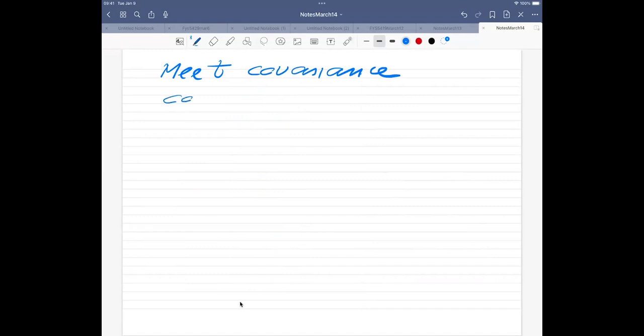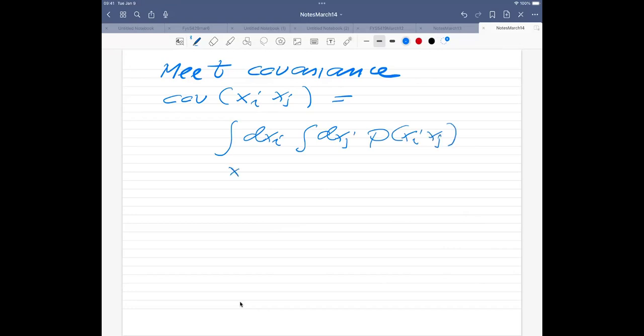If I want to calculate the covariance of x_i and x_j, this is formally written as an integral over dx_i and dx_j, with a probability distribution P of x_i and x_j, multiplied by x_i minus the expectation value, which I'm now writing in a more compact way, so this is the mean of x_i, multiplied by x_j minus its mean. That is the covariance.